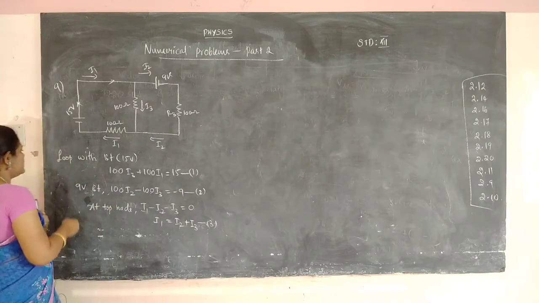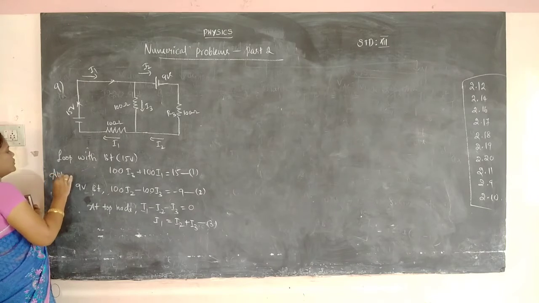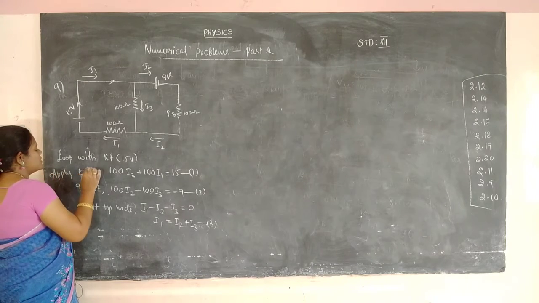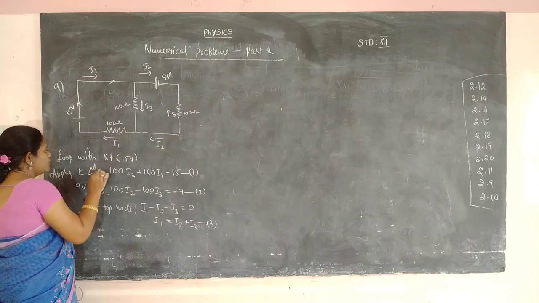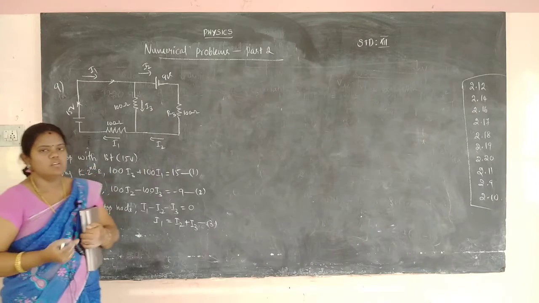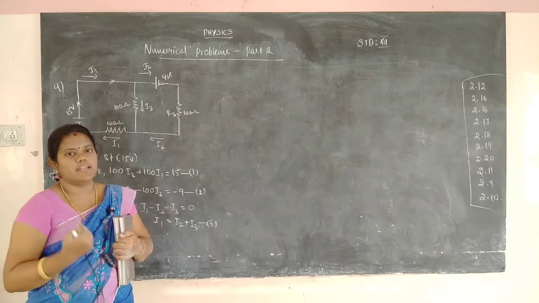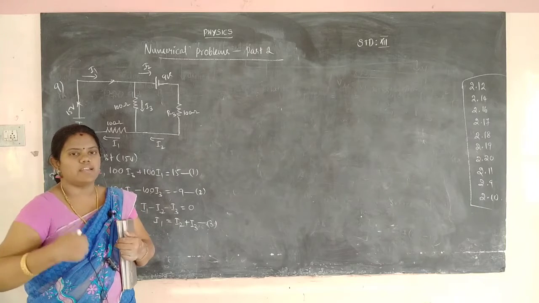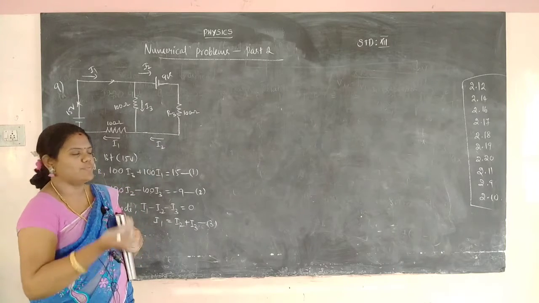Applying Kirchhoff's second rule, the sum of the product of current and resistance is equal to the EMF of the cell.